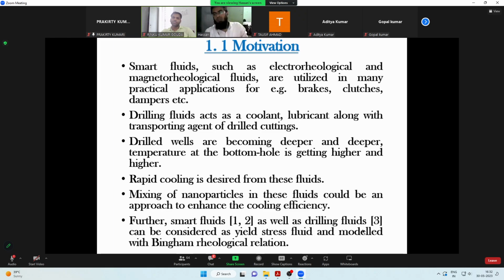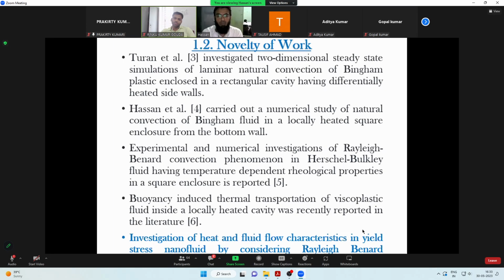Mixing of external particles, maybe nano or micro, in these fluids can be a way of enhancing the cooling, because these nanoparticles being solid, they have significantly higher thermal conductivity. Okay, and therefore these fluids could be of great use. And by and large, we try to model them as a yield stress fluid by using the Bingham rheology.